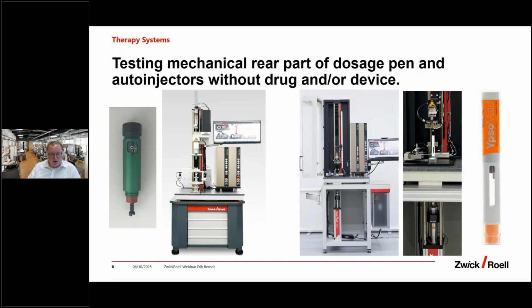And interesting is that now the pharma company is also jumping on it, because they're saying, hey, my specimen is perhaps $6, but the drug inside is $2,000. Perhaps I can reduce my normal testing a little bit and replace it with these mechanical rear part tests. This is a topic we are developing together with a lot of companies and offering, and it is already running in the industry.